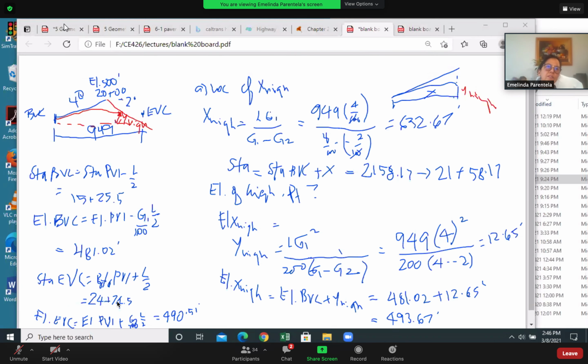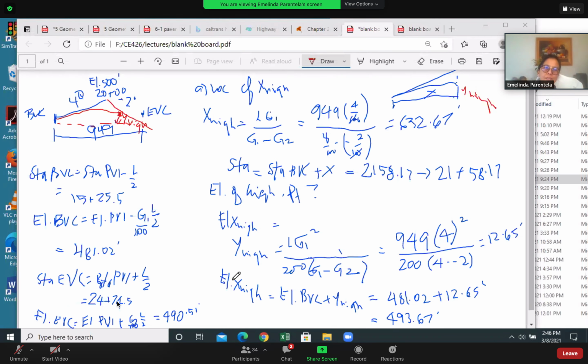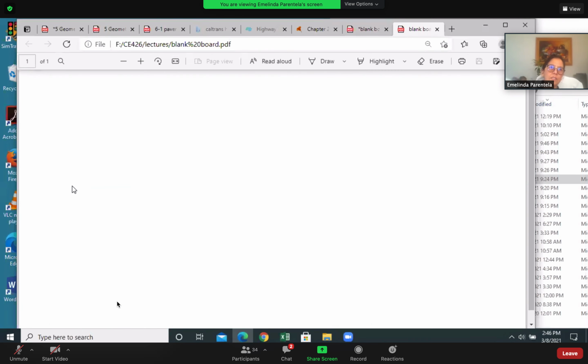Okay, so next, we can verify if this value is correct using the offset. Let me just draw the curve again.